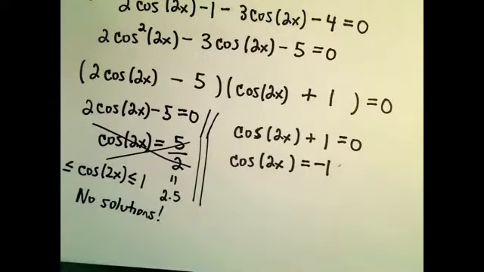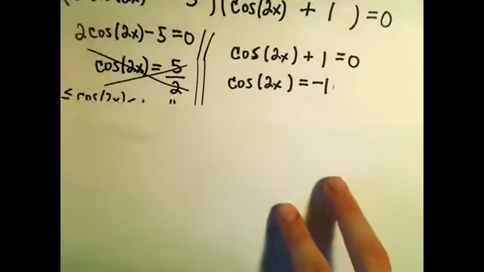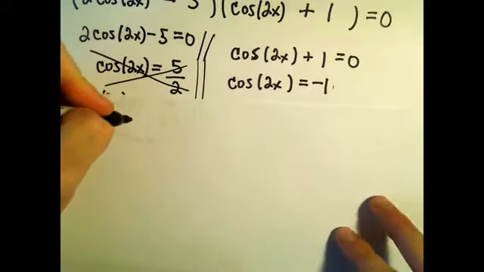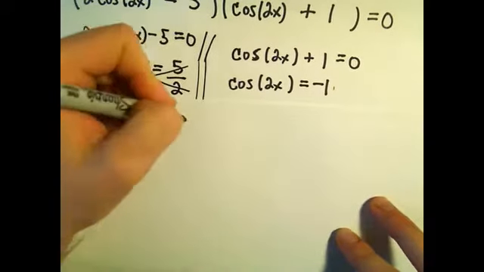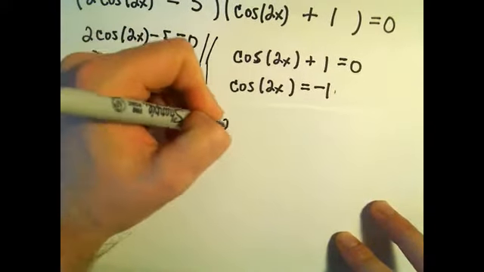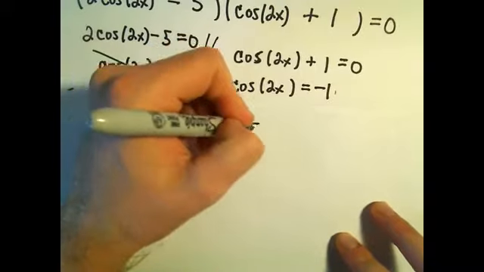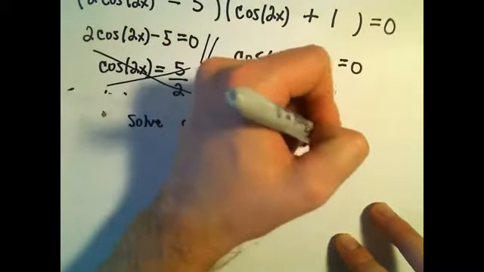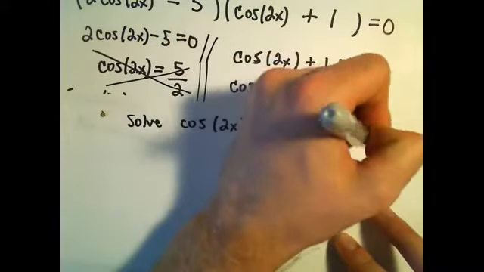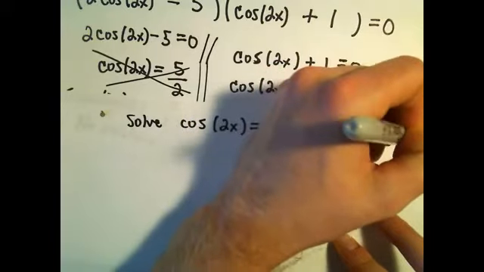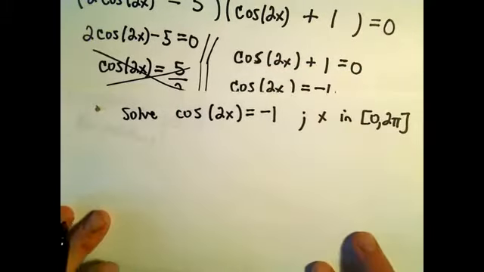So I'm going to do like we've seen in some of the other examples, just to make sure that I get all the solutions. So really the whole problem now has come down to solving cosine of 2x equals negative 1. And again, x we want to be in the interval 0 to 2 pi.